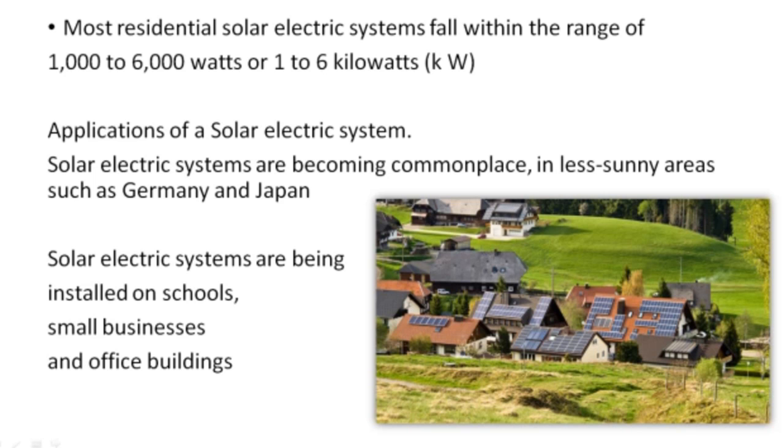Their small PV systems often power lights, fans, radio communications, GPS systems, and refrigerators. Many recreational vehicles, RVs, are also equipped with small PV systems to power microwaves, TVs, and satellite receivers.